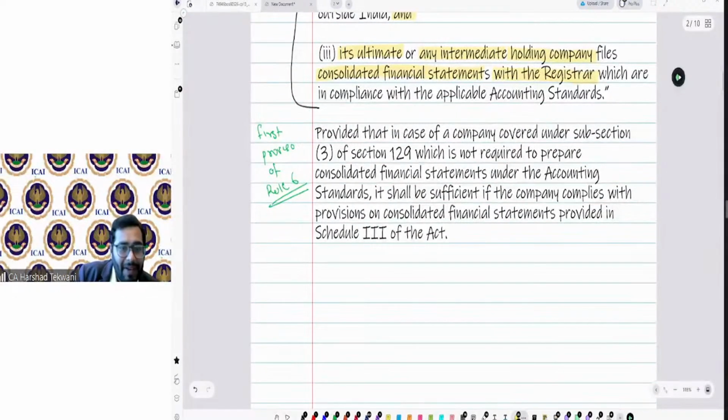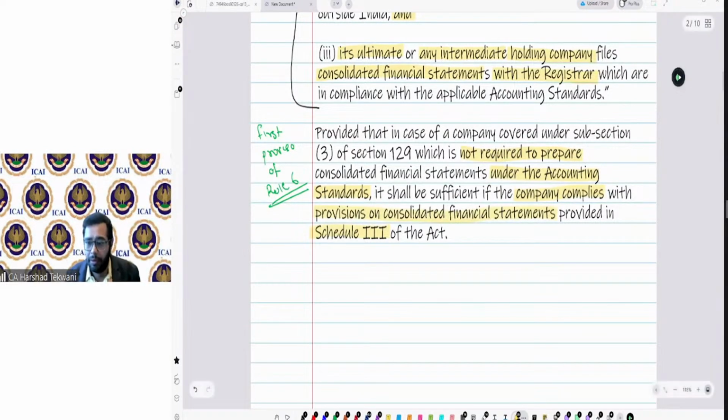It is not specifying the rule, but the accounting standard. So if the company is exempted through accounting standards, then the company needs to comply with Schedule 3 provisions on CFS.